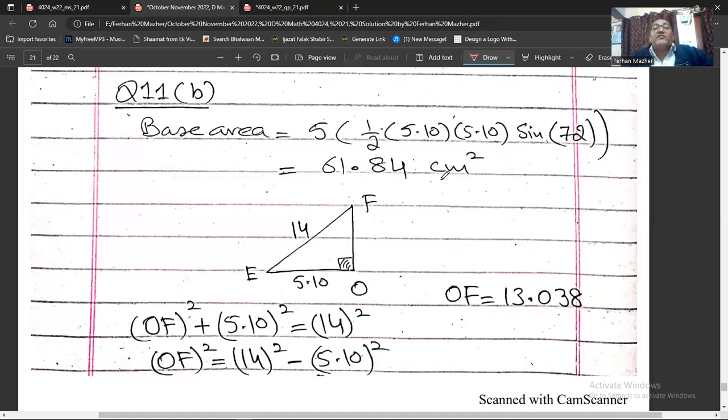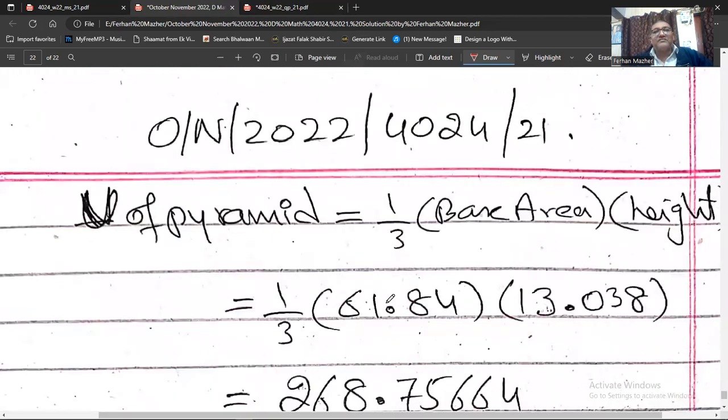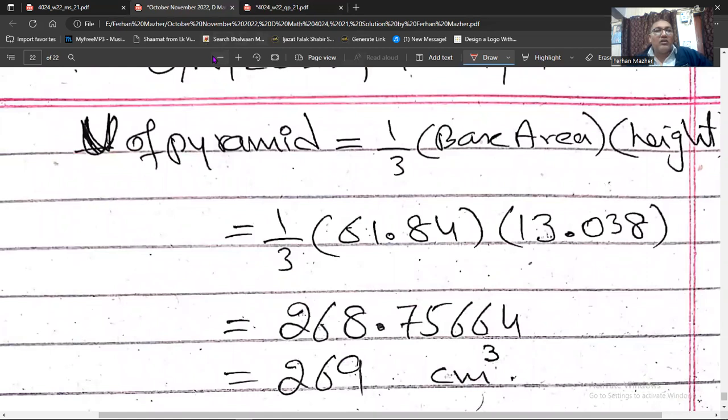Now I know the base area of the pyramid. I know the vertical height of the pyramid. I can find the volume of the pyramid. That's very simple. Volume of the pyramid is equal to 1/3 multiply the base area multiply the height of the pyramid. Simple, straightforward. So here we go.